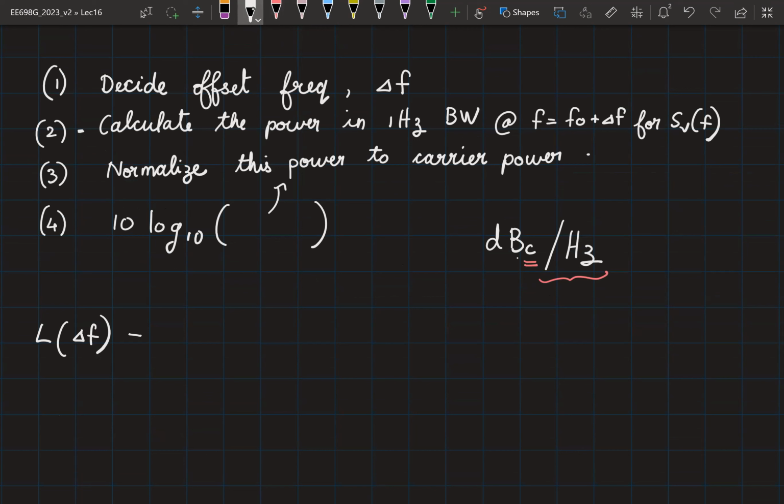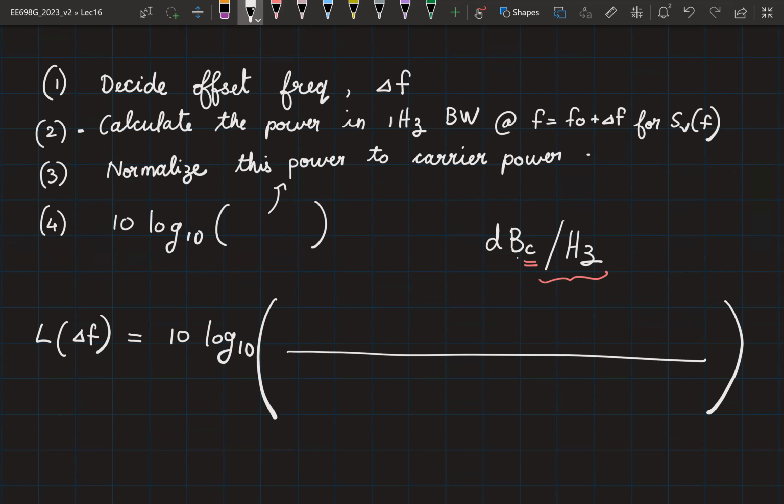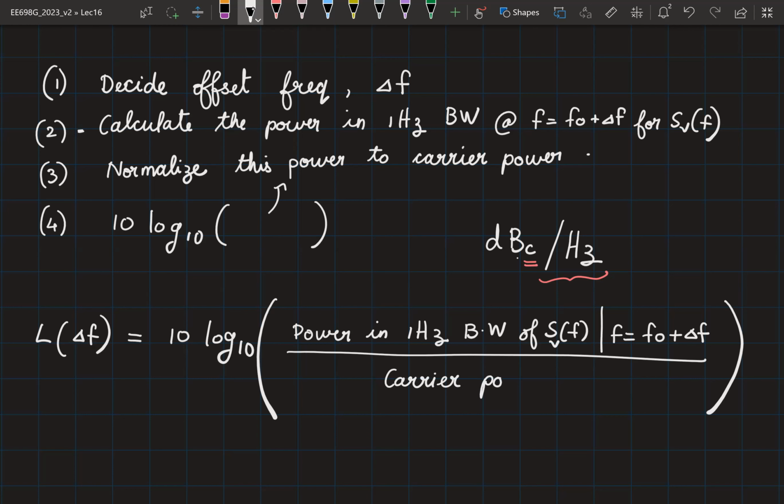Okay, so L of delta F is 10 log 10 of a ratio where the numerator is the power in 1 hertz bandwidth of the voltage domain SV of F at F is equal to F naught plus delta F, right, divided by the carrier power.